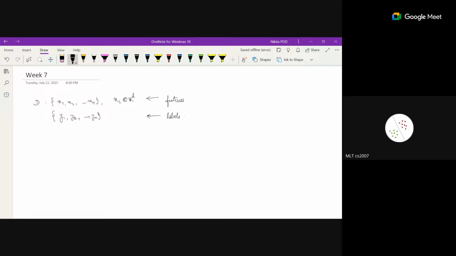Mostly we'll be looking at the binary classification problem, so these yi's will belong to {0, 1}, or you can also say they belong to {-1, 1}, depending on what your labels are. We are looking at the algorithms in the classification case where we have two labels.